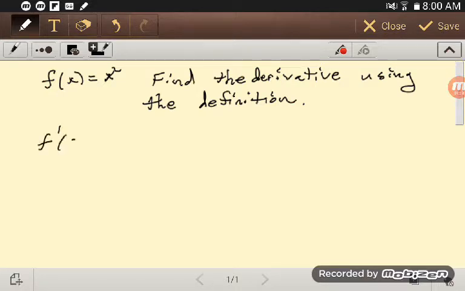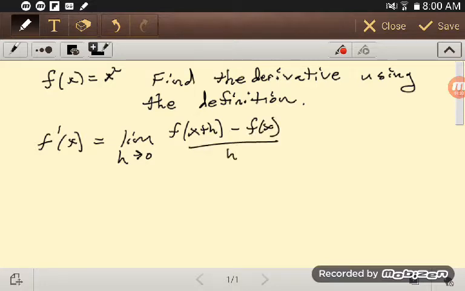So I know f prime of x, or df dx, is the limit as h goes to 0 of f of x plus h minus f of x over h.